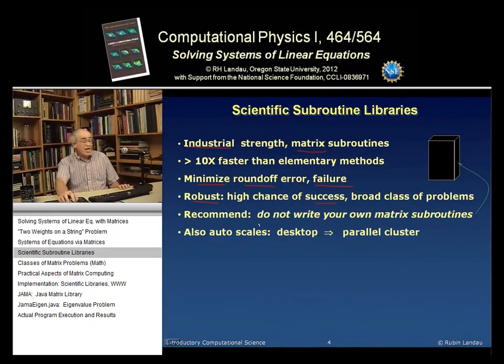Okay. Here is now the exception. Most everything we've done in this course and the preceding one and the ones to follow says you shouldn't look at algorithms as black boxes. We want you to look inside that black box, okay, and see what the algorithm is, see how the problem is solved, and see what goes on. Now, for subroutine libraries for matrix problems, we recommend you don't write your own because they're not robust enough.